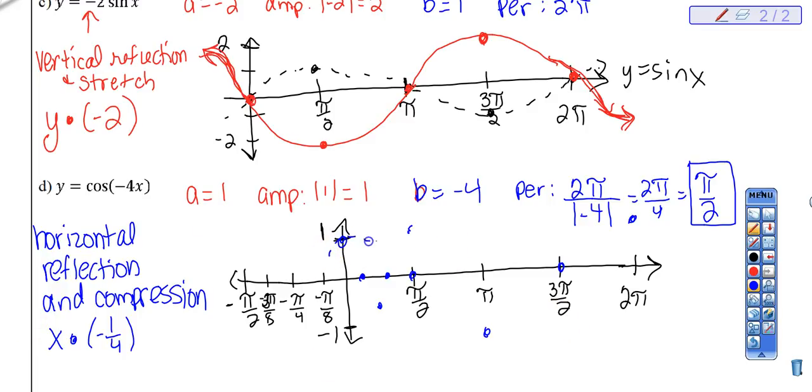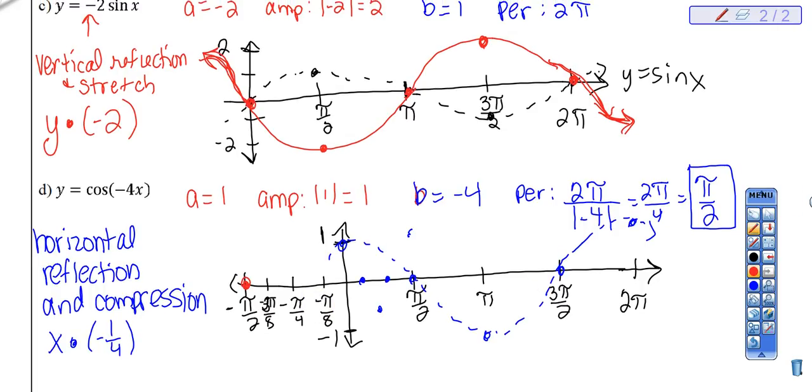So if we have this graph, cosine, and I were to compress it by 1/4, I would take 2 pi times 1/4, which is pi over 2, and then I would reflect it to negative pi over 2.